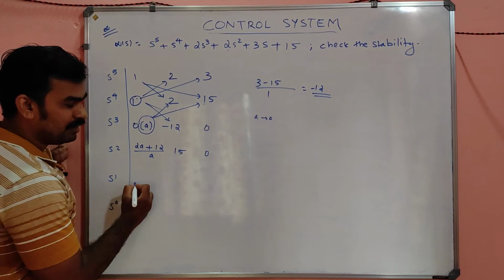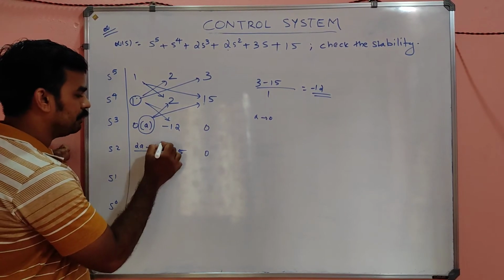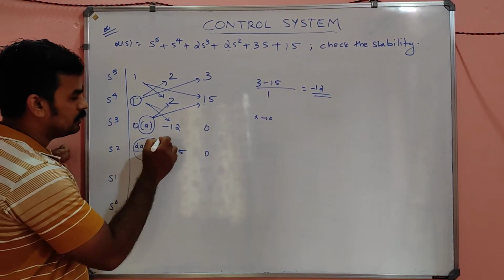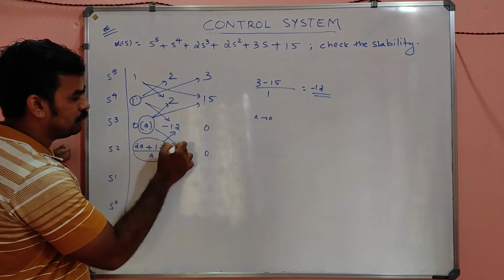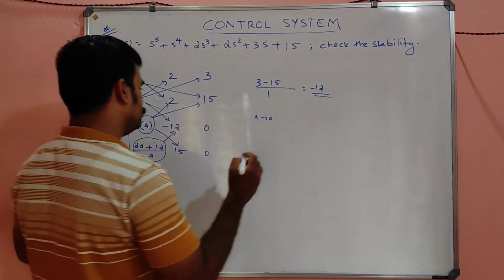And what will be this element then? Focus on this. This into this minus this into this divided by this. So we will do that.